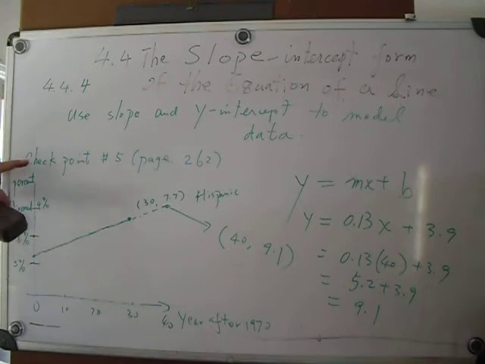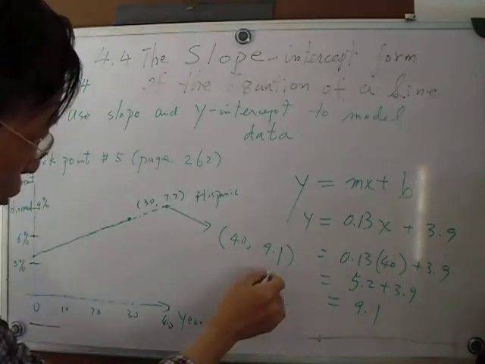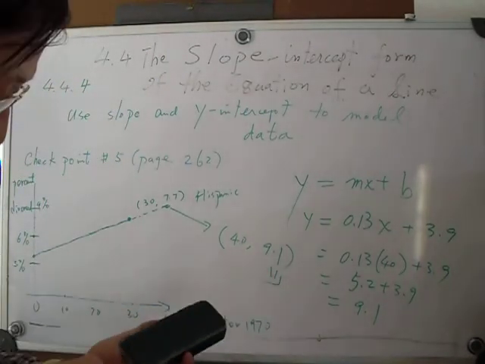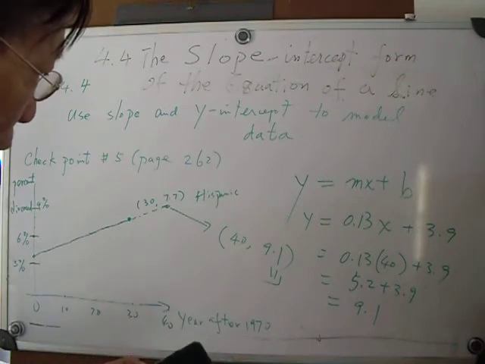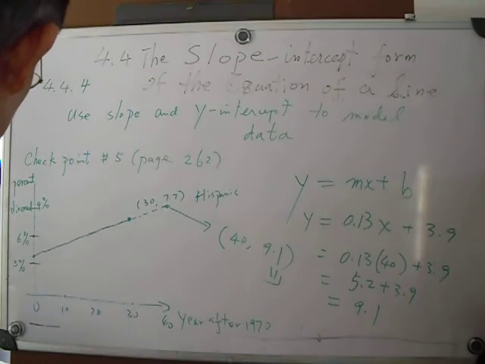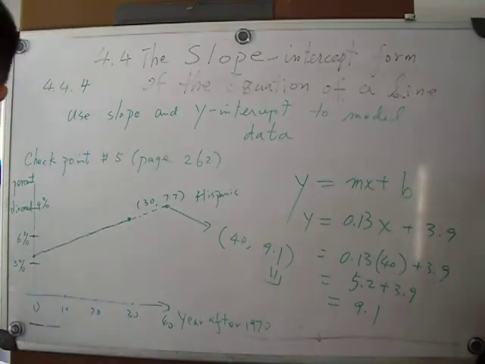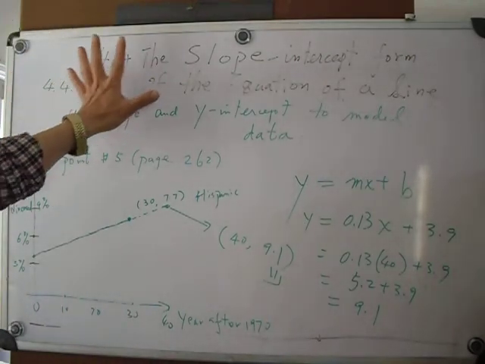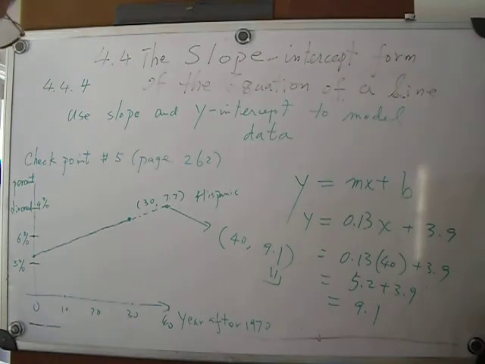Since y is a percent, in English you say that in the year 2010, 9.1% will be the percent of divorce. That's how we do this problem, A and B. This is the end of our section 4.4.